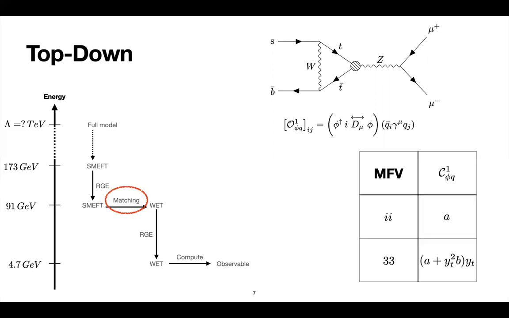Now, this is just as a reminder, minimal flavor violation, truncated as specified before. C5Q1 is a diagonal matrix with a flavor universal part A that appears on all the diagonal entries. And then we have a B that only appears in the 3-3 component.